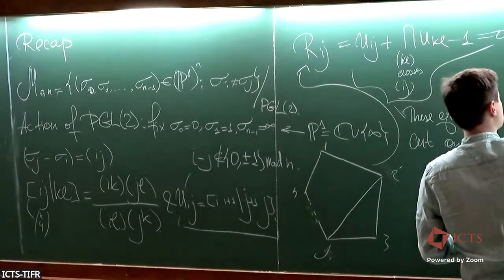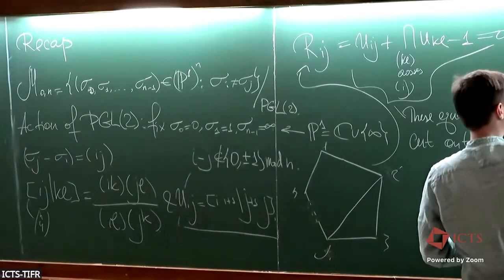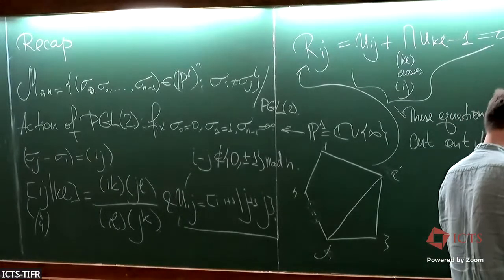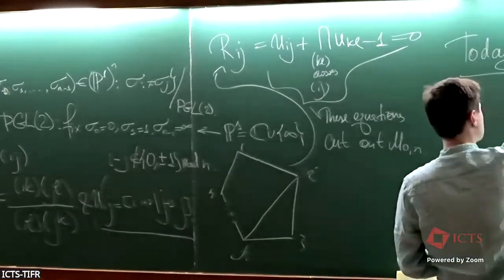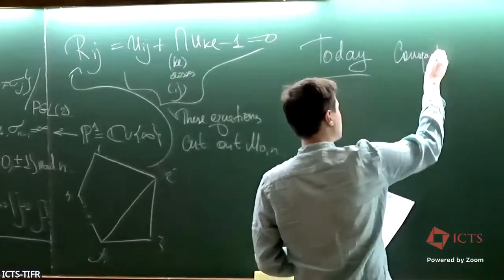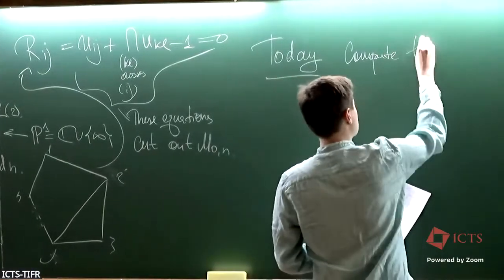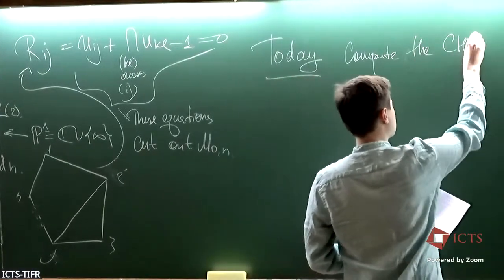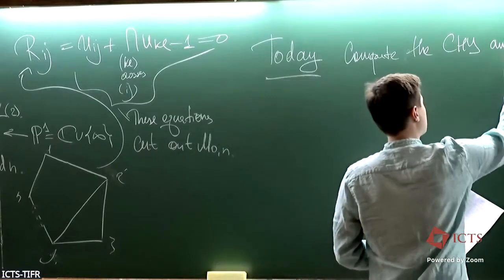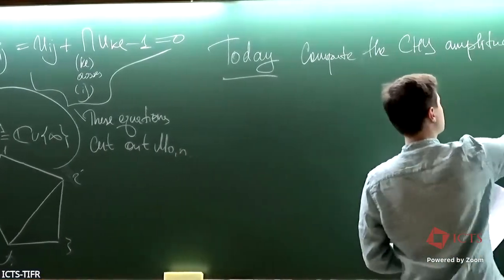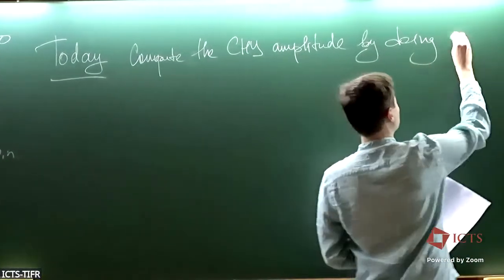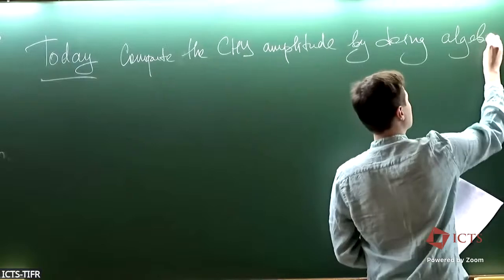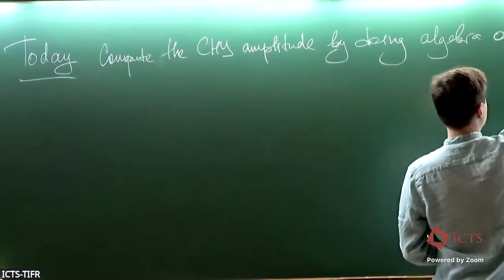Today, in the first part of this lecture, I will finish things that I was supposed to do yesterday. So we compute the CHY amplitude by doing algebra on M0n.